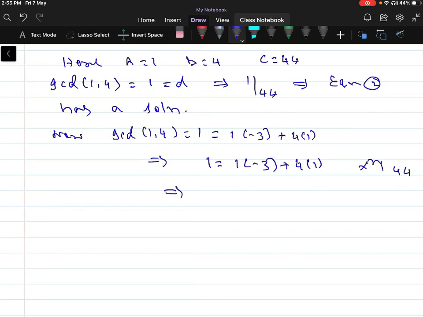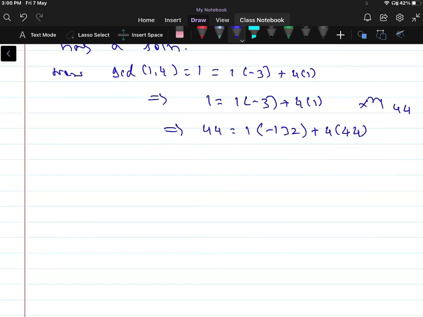This implies 44 is equal to 1 into minus 132 plus 4 times 44. This implies x naught is equal to minus 132 and z naught is equal to 44, which is one particular solution of Diophantine equation 2.